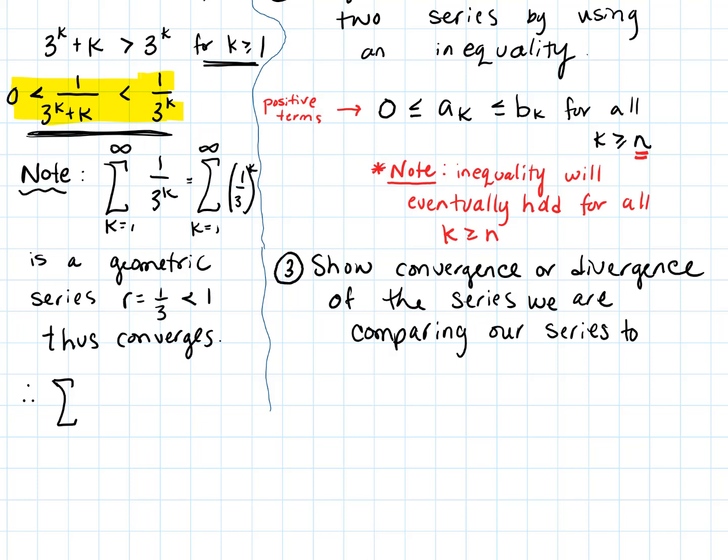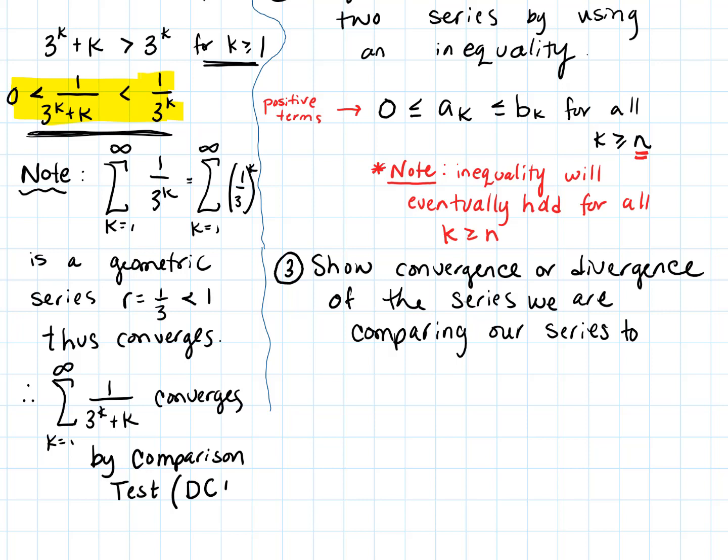So I can say, all right, therefore, the series 1 over 3 to the k plus k from k equals 1 converges by comparison test. Now, this was what we call the direct comparison test, so I'll start to abbreviate here in the next examples that this is the direct comparison test.